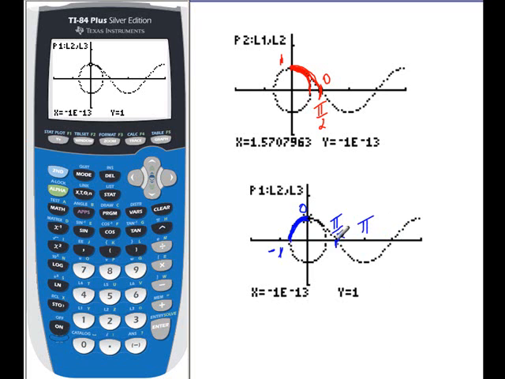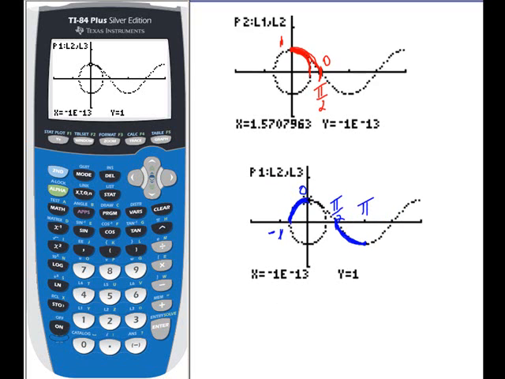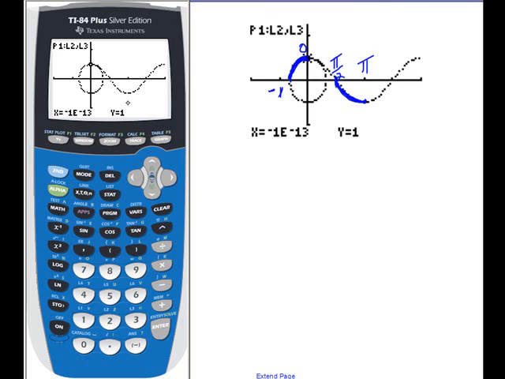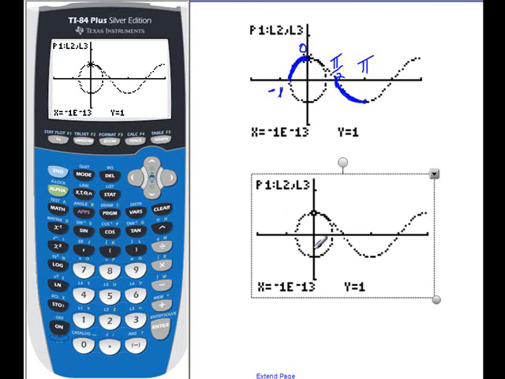Take a look at the third quadrant. Points in the third quadrant right here. The x values start at an x-coordinate of -1 and go to an x-coordinate of 0 right here. So think about the points moving further to the right.